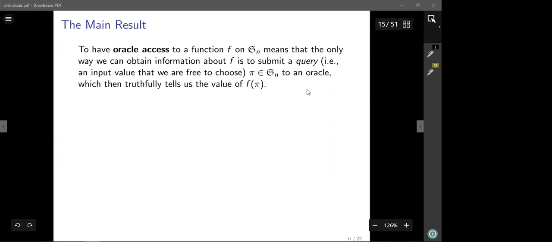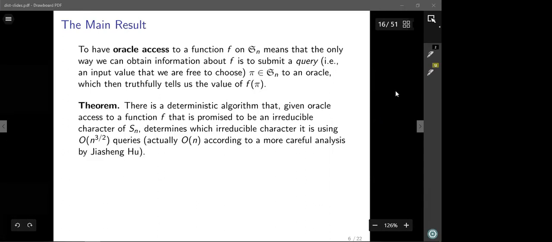So anyway, you might try to say, let's set aside the question of how hard it is to compute pi, but if you're trying to find some particular value of pi, you might ask, how many values of pi do I have to try? And that's the first thing we managed to figure out. We found there is actually this deterministic algorithm. Suppose you have oracle access to some function. Somebody comes to me and says, I have this function f.